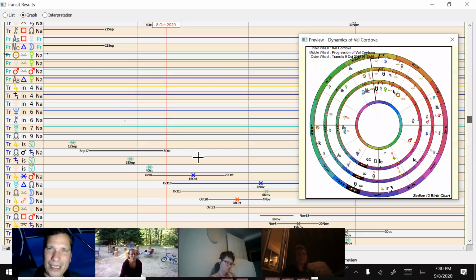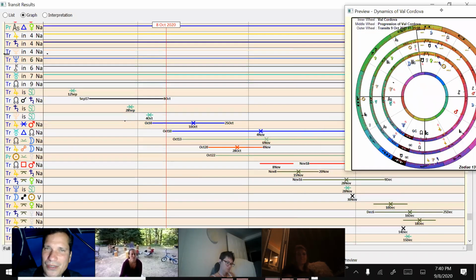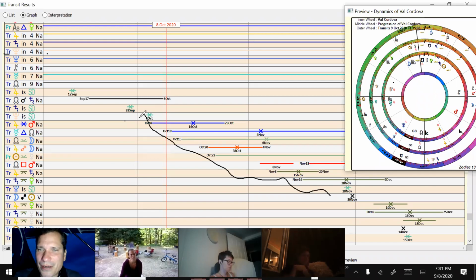Something to notice too, if you're looking at a yearly chart and they want you to point out when important things are going to happen, you want to look for what we call confluence. This is when a lot of things happen around or on the same time. We can see a lot of confluence right here, in this area.